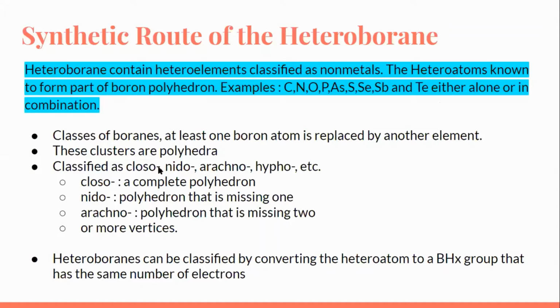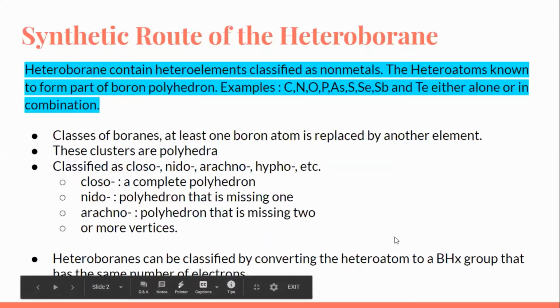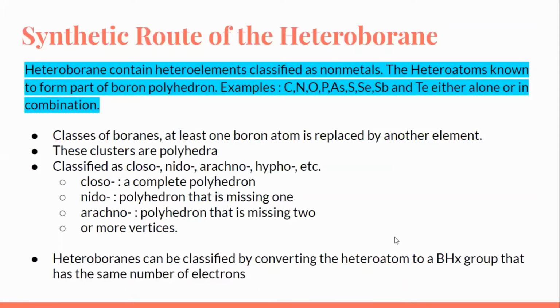But the common structures are Closo, Nido, and Arachno, where Closo is a complete polyhedron, Nido is a polyhedron missing one atom compared to the complete polyhedron, and Arachno is a polyhedron missing two atoms compared to the complete polyhedron. Heteroborane can be classified by converting the heteroatom to a BHX group that has the same number of electrons.